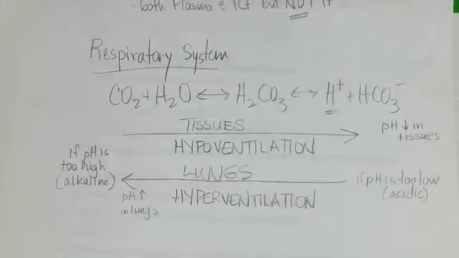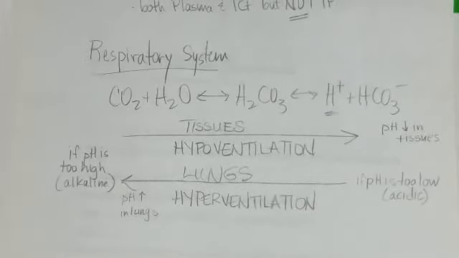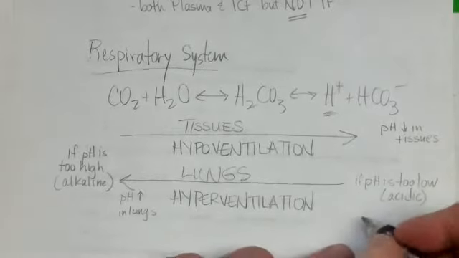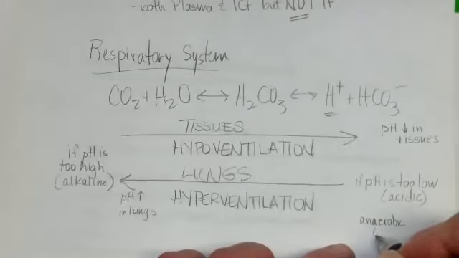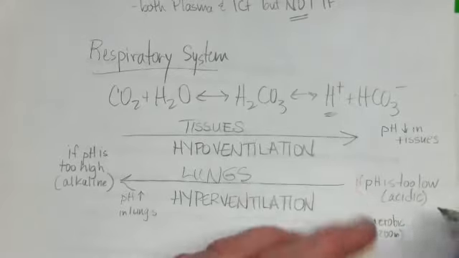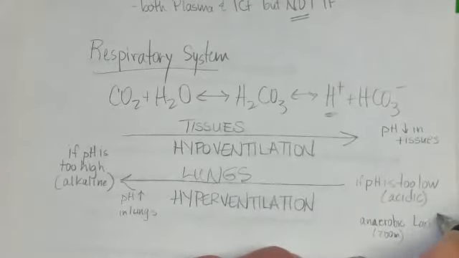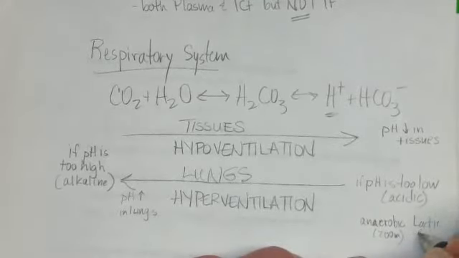So think about this: you just did a sprint. You just busted out a 200 meter race, a serious sprint. So I did anaerobic respiration, right? What did I make? Lactic acid.